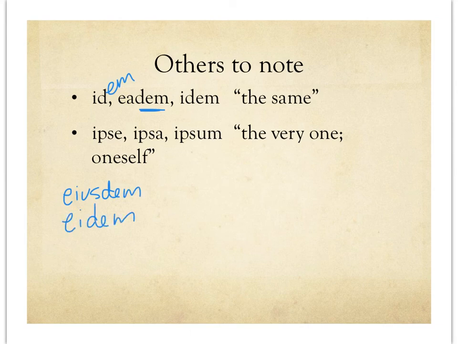You can see that the dem is really just a suffix, and that suffix part is the part that really means the same. And we have these other forms that are like iste, ista, istud, or ille, illa, illud. We have ipse, ipsa, ipsum, and this means the very one or oneself.